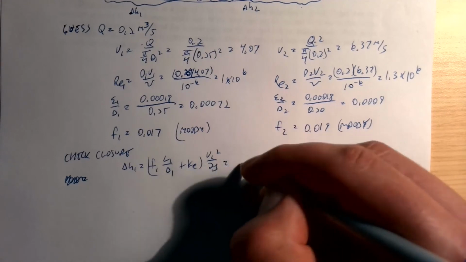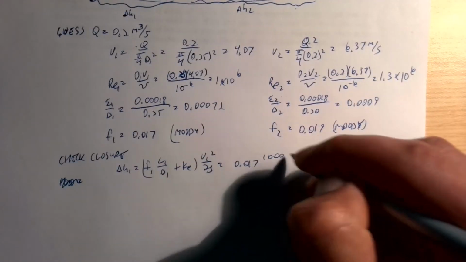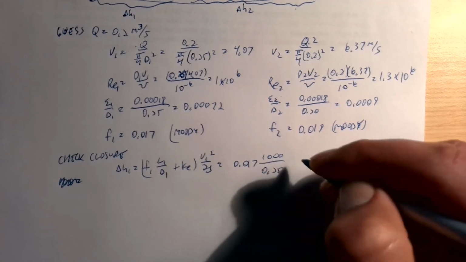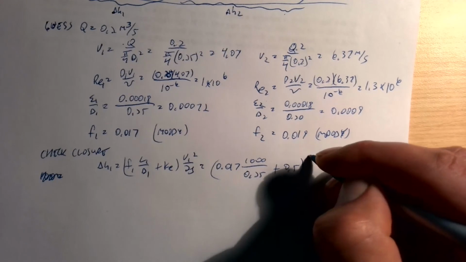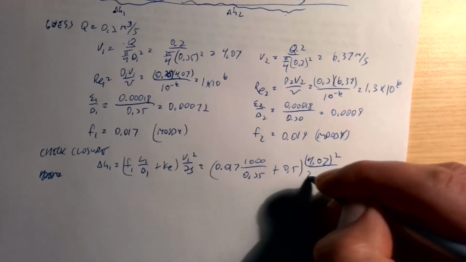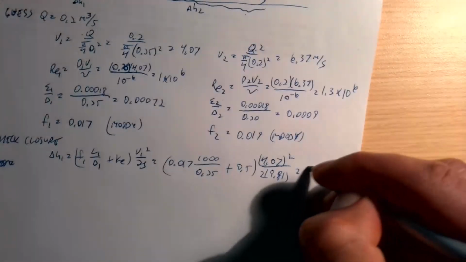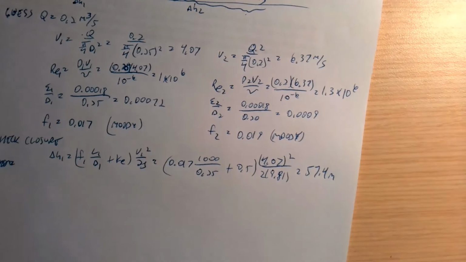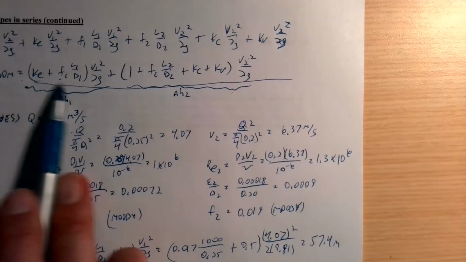So 0.017 times 1000 over 0.25 plus 0.5, all that times 4.07 squared over 2 times 9.81, and that is 57.4 meters. Okay, so that is the first delta H term, this one up here, and then I need to do the second one.